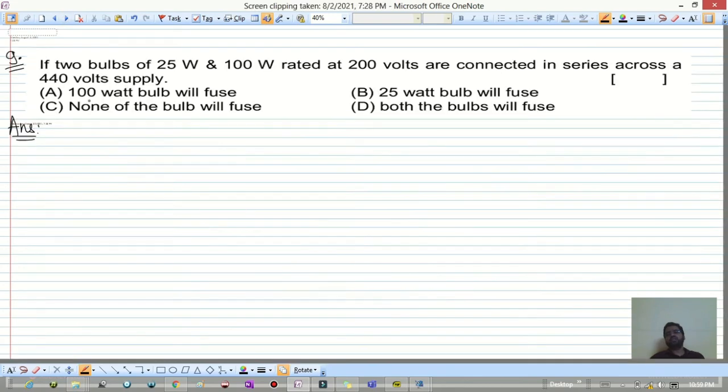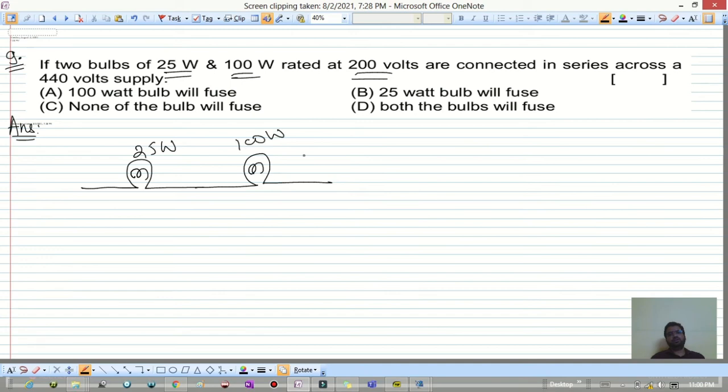Okay. The ninth one: if two bulbs, 25 watt and 100 watt, rated at 200 volts, are connected in series across a 440 volt supply.